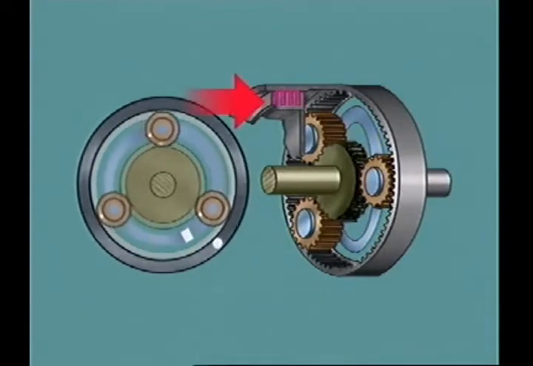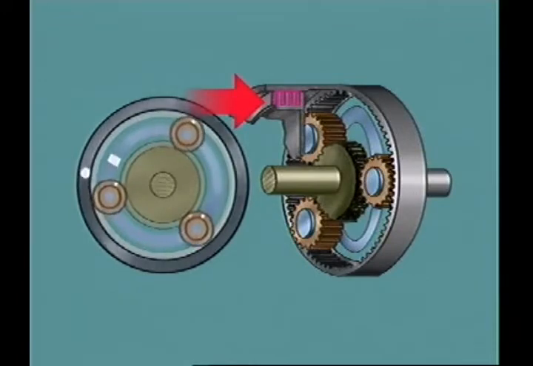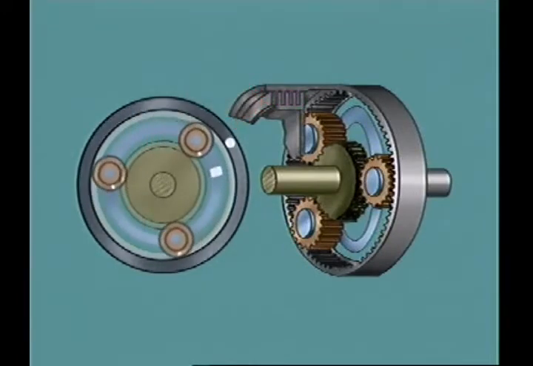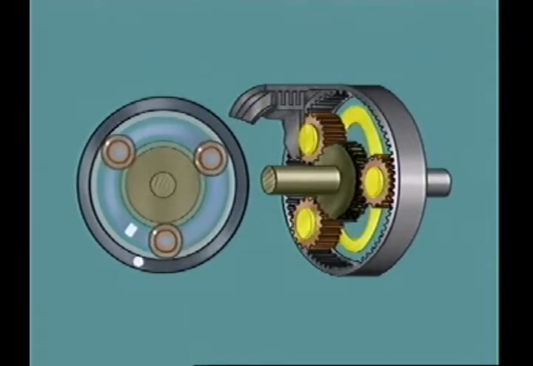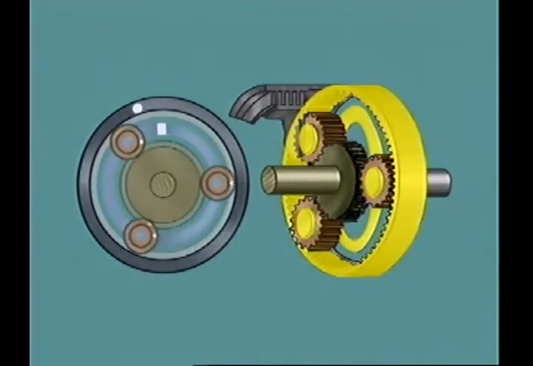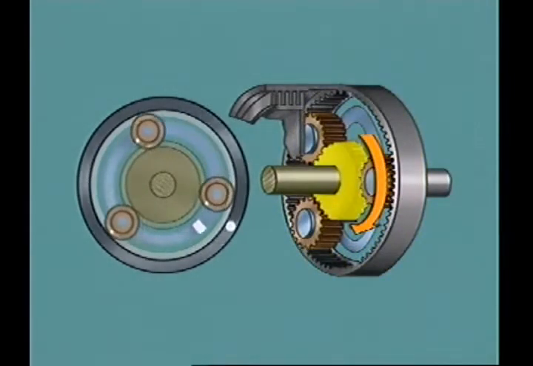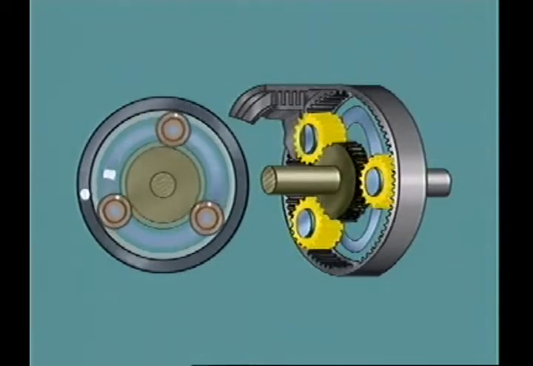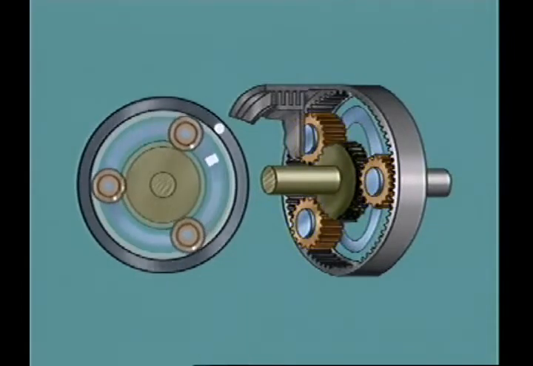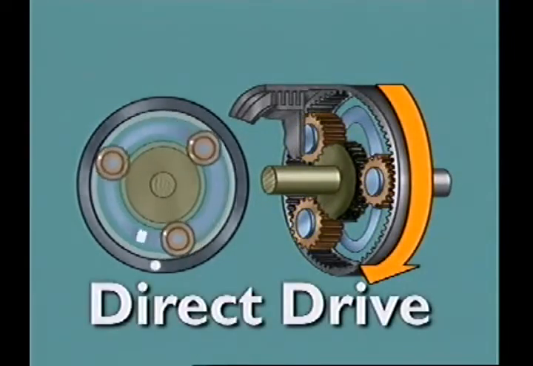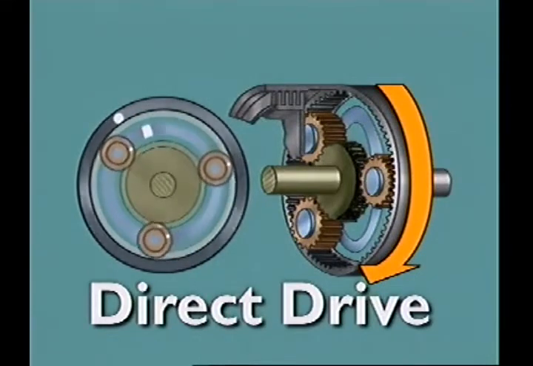When fluid under pressure is directed onto the clutch piston, the clutch plates are locked together. This locks the planet carrier to the ring gear. Now when the sun gear is rotated, the planet gears can neither idle nor walk. The whole gear set turns as one unit to give a direct drive.